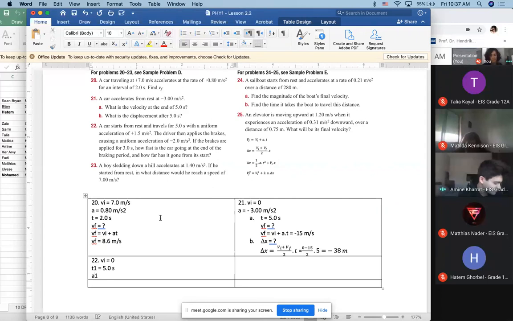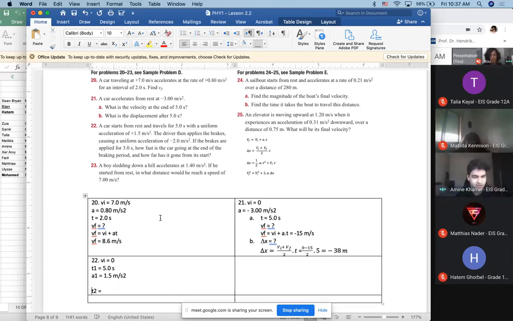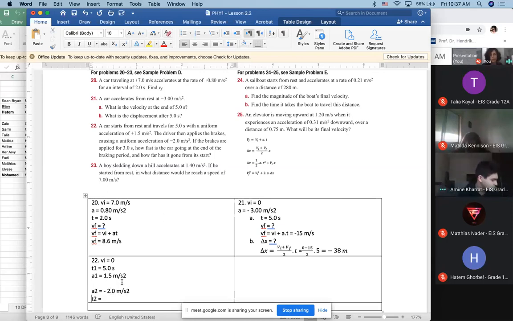A1 is 1.5 meters per second squared. A2 is negative 2.0 meters per second squared, and T2 is 3.0 seconds. Minus 2.0 meters per second squared. This is a very important problem. I want you to focus really well for this one, okay?